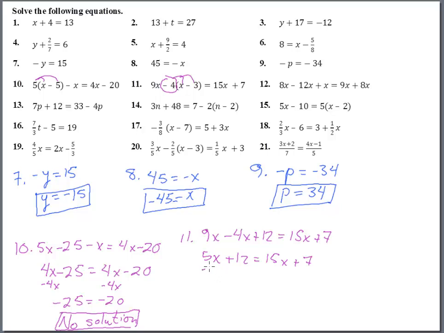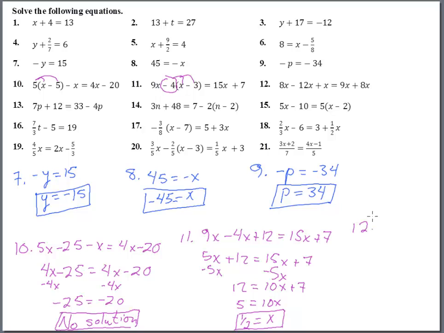Subtract 5x from both sides. We get 12 equals 10x plus 7. Subtract 7, we get 5 equals 10x. Divide by 10, and we get x equals 5/10, or 1/2.